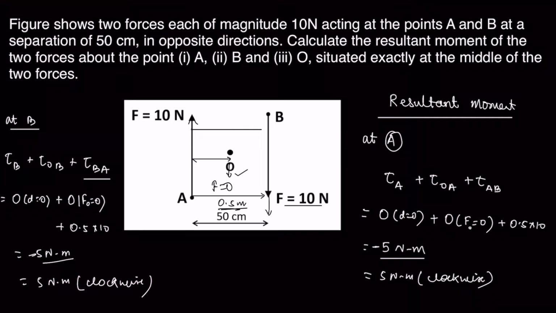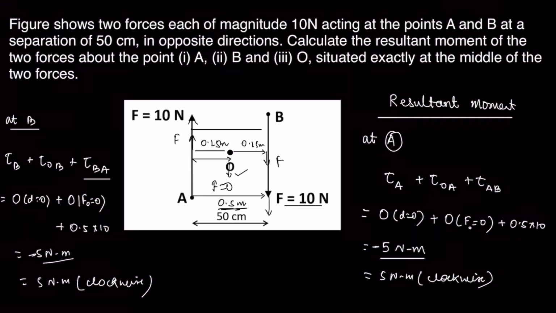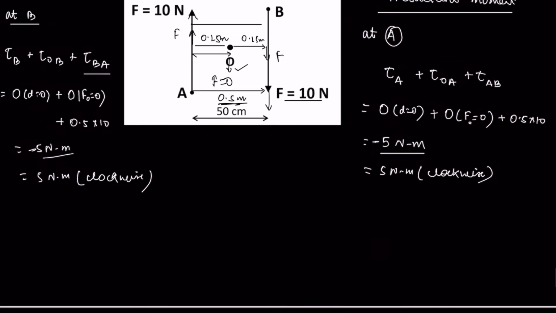Now we'll see the point O. This distance is 0.25 meter because it is the middle of AB and this is also 0.25 meter, and one force is upward and another force is downward. So it is an example of a couple. So directly we can use the couple formula.